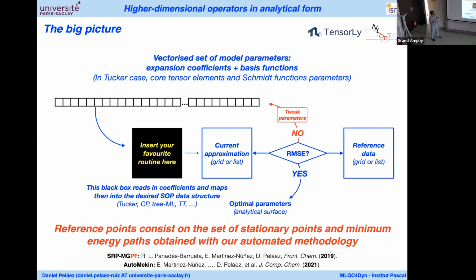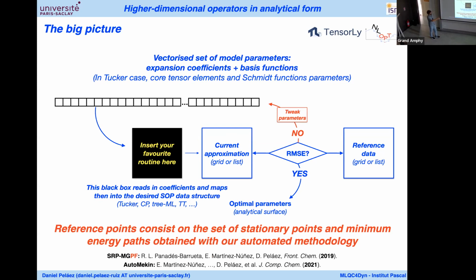The big picture is the following. All this is going to be included in a package which relies on other libraries. The idea is that you've got some parameters from a given model. You decide what model you want. I showed you Tucker and Candecomp or Parafac, or canonic polyadic decomposition, but it can be other models I will show you later.